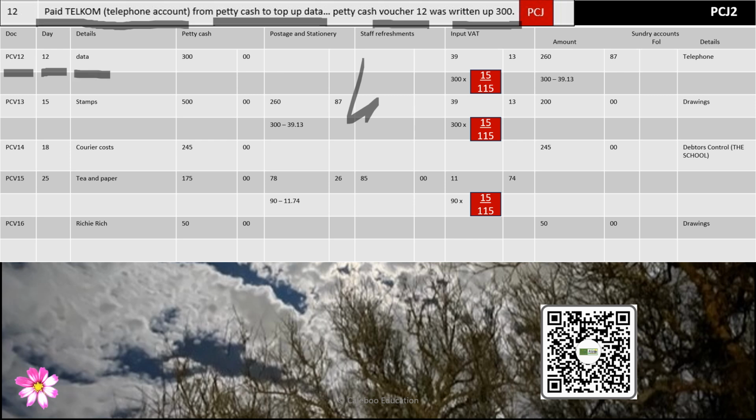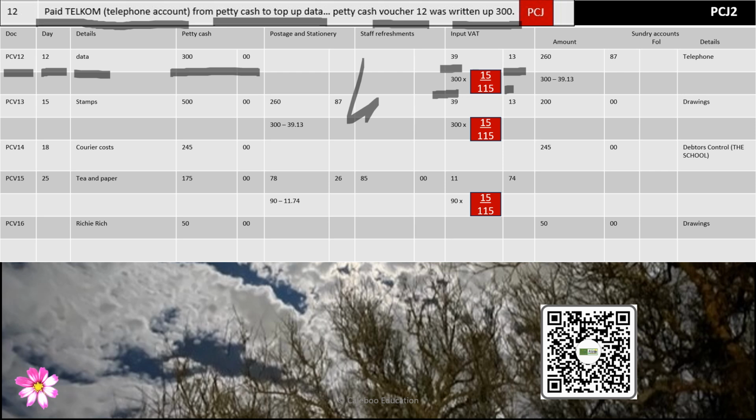Data. How much is coming out of our petty cash? 300, including VAT. Then we calculate the VAT by saying 300 multiplied by the VAT fraction, 15/115. Go check out my VAT video, and that is equal to 39 Rand and 13 cents.